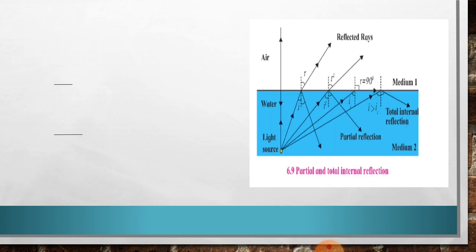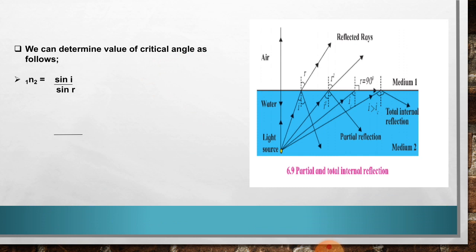Okay? Yes. So we can determine the value of the critical angle as follows. Here 1 and 2, n is the refractive index. The refractive index of medium 1 with respect to medium 2 is equal to sin I upon sin r.